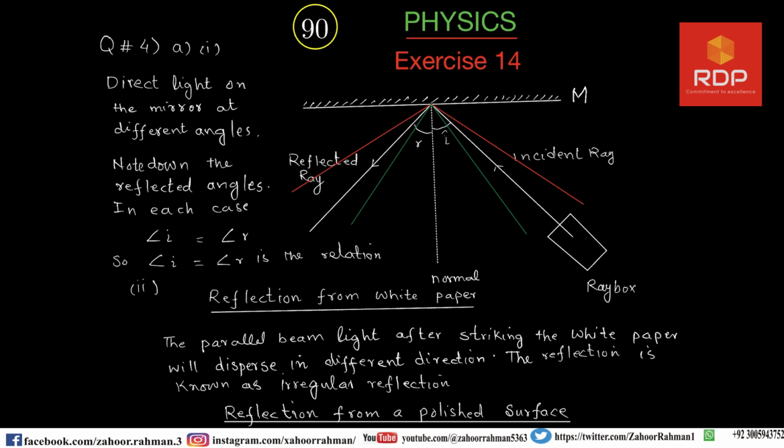Okay, there is a mirror which I am marking as M. One side of it is silver. Now there is a ray box from which a very fine beam of light, a ray of light, is incident on this mirror, and this dash line is showing the normal to that mirror.